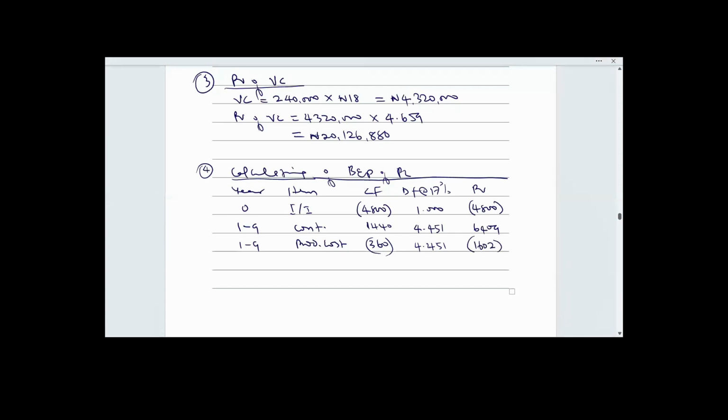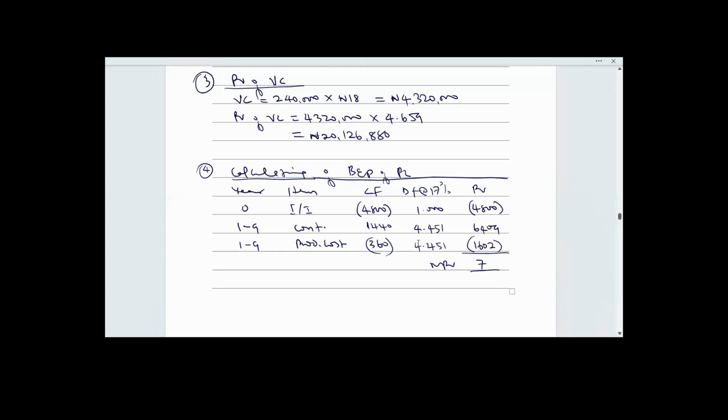So I would then say 6409 minus 4800 minus 1602 equals 7. Our NPV of the reduced life is 7.